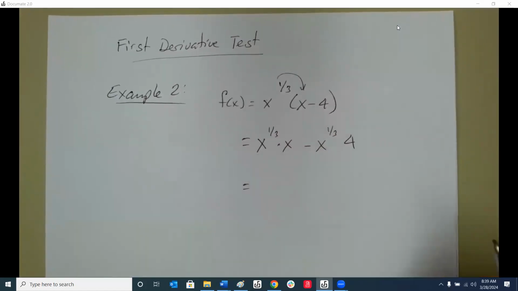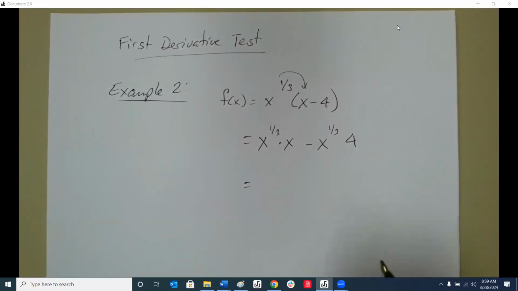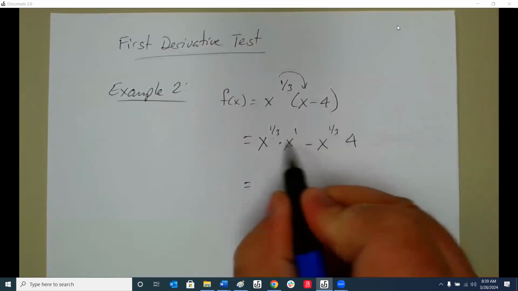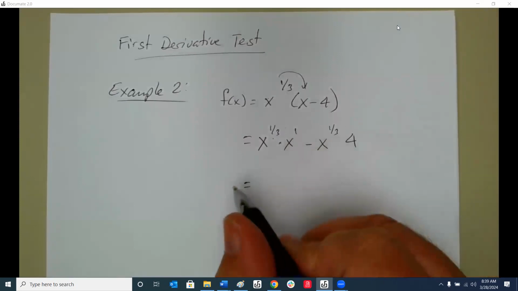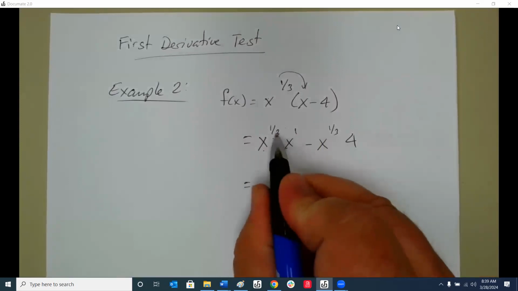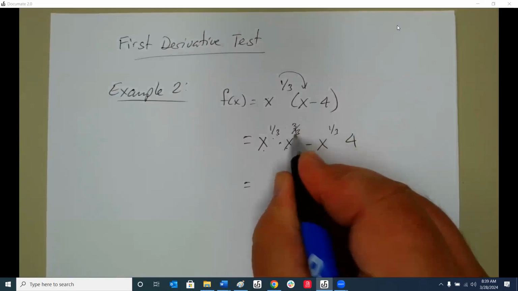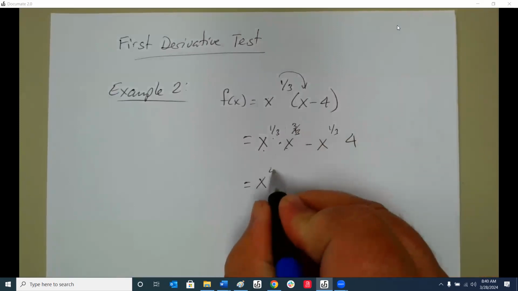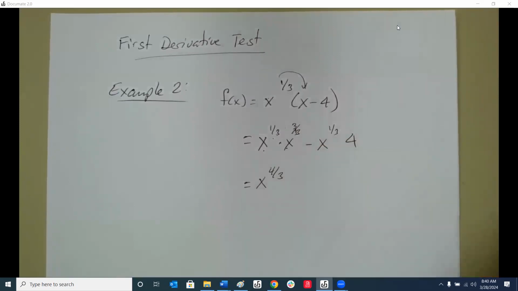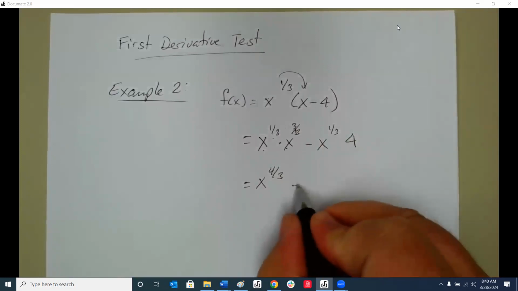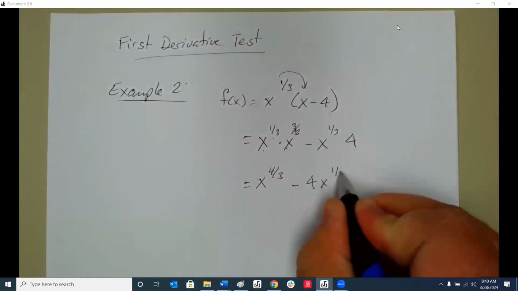So what's this going to equal? That's 1. By the properties of exponents, if you have the same bases, you add the exponents. So this is actually 3 over 3. So we get x to the 4/3 minus 4x to the power 1/3.